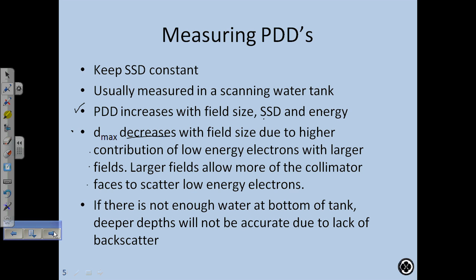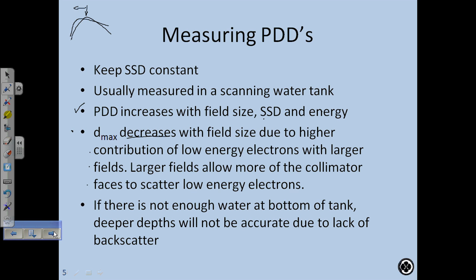Sorry, we're talking about the depth of Dmax. If I scan a PDD around Dmax for different field sizes, for the small field sizes one PDD will look like that, and as my field size gets larger, it starts looking like this. So Dmax is here for the small field size, and becomes shallower for the larger field sizes, because there's more scatter off the jaw faces as I open up my field size.